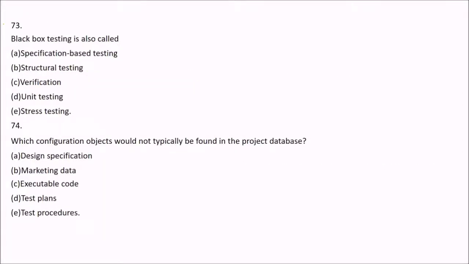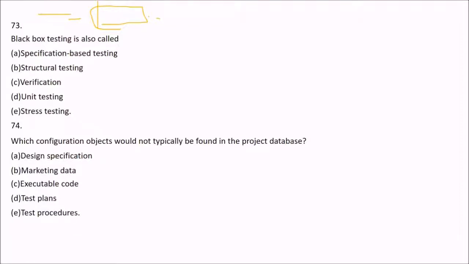73. Black box testing is called. In this testing, we should not be worried about what is inside the structure of the program. We just give input and see whether the functionality is correct or not. This is black box testing, which is the approach of test case design.